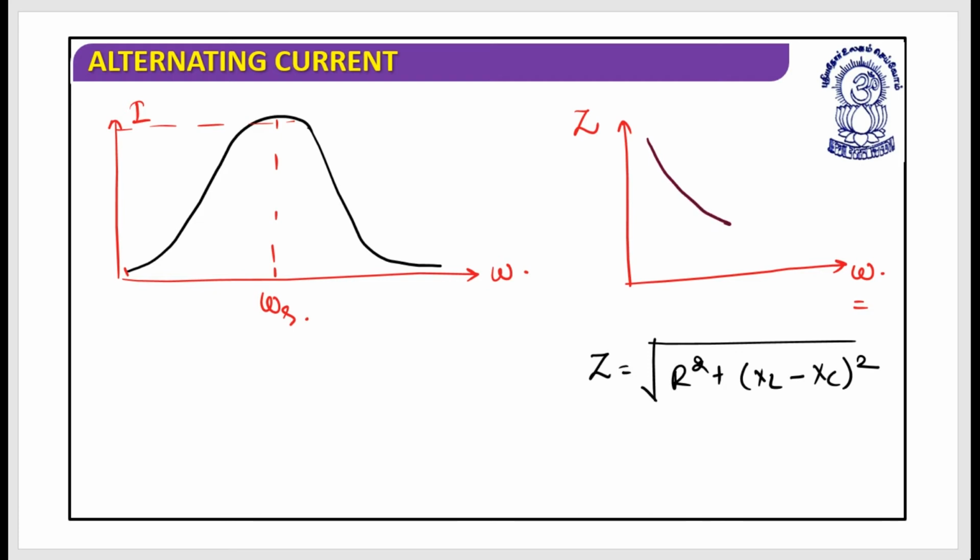It starts decreasing and it reaches a certain value where it is minimum possible, and at this instant it is equal to R, and this is the resonating frequency. As we are moving towards a frequency separated by a certain distance from the omega r, it will again start increasing. It is something like this.